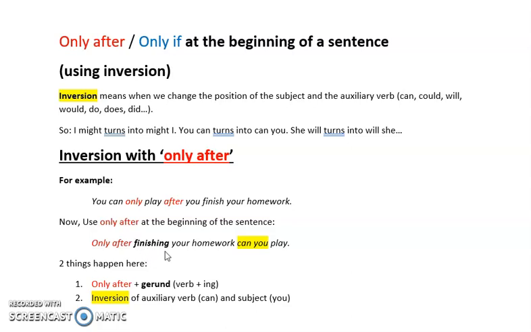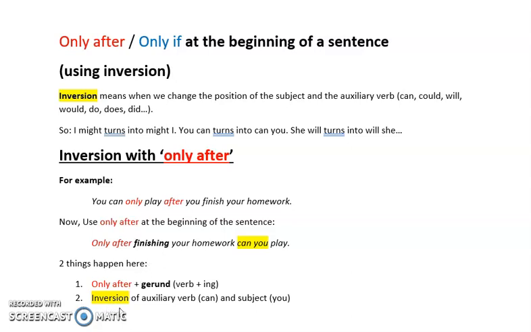And the reason why this is a gerund is because after is a preposition. And every time we have a verb after a preposition, it has to be the gerund form. So the first change I see here is when I use only after, my verb becomes ing, it becomes the gerund.